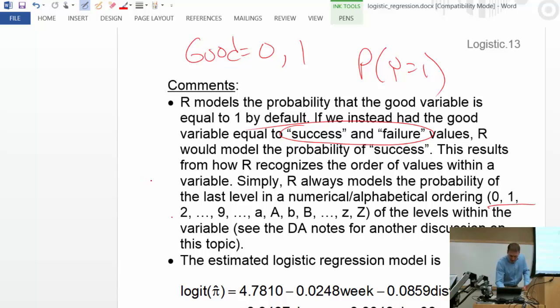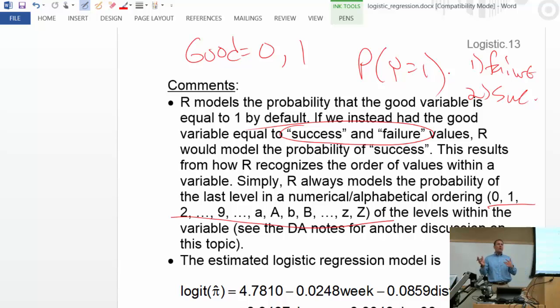It always puts everything into a particular order. Notice that failure, F, comes before the S for success. So the way that R is seeing everything is putting failure first and success second.